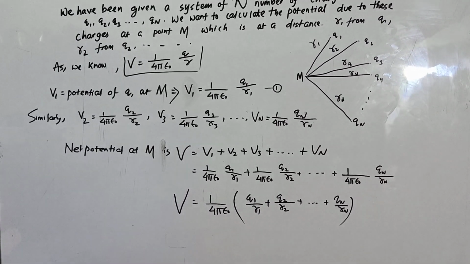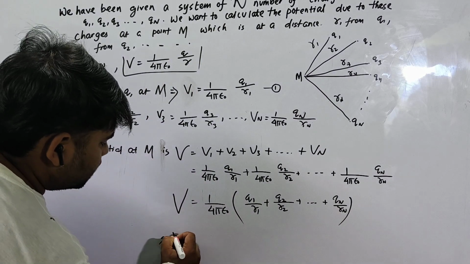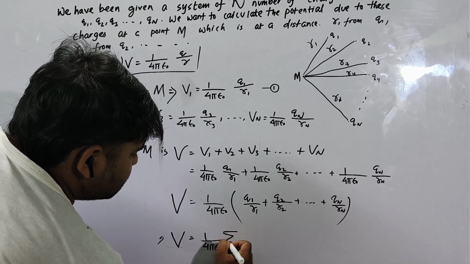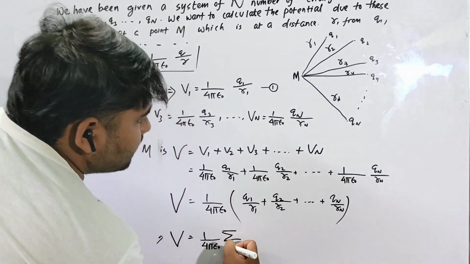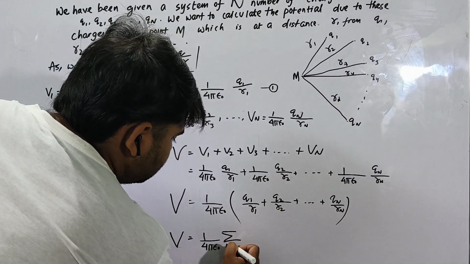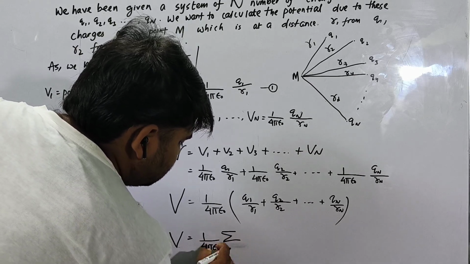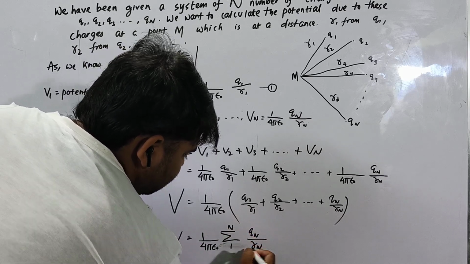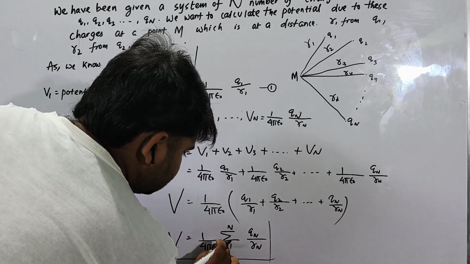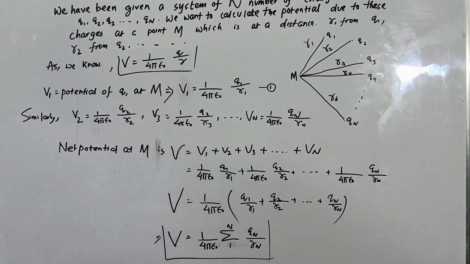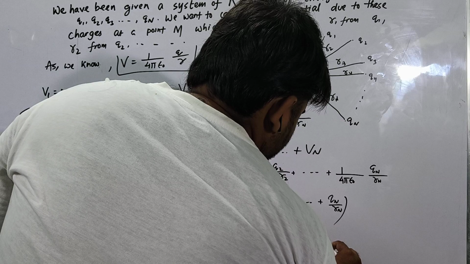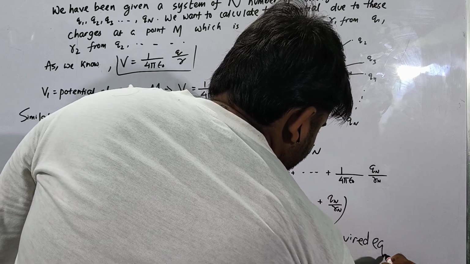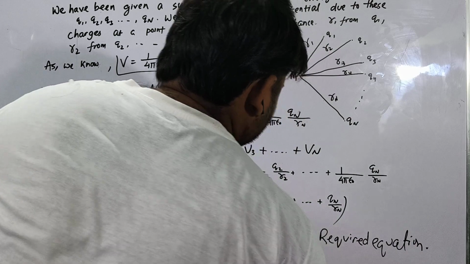Since it is an addition, we introduce summation: V equals 1 upon 4 pi epsilon naught, summation from n equals 1 to n of qn by rn. This is your required equation.